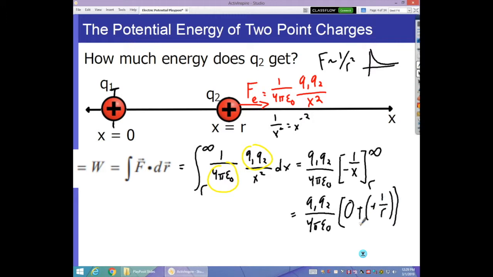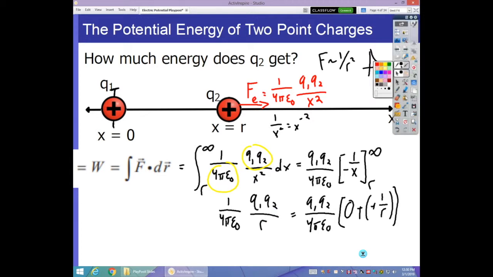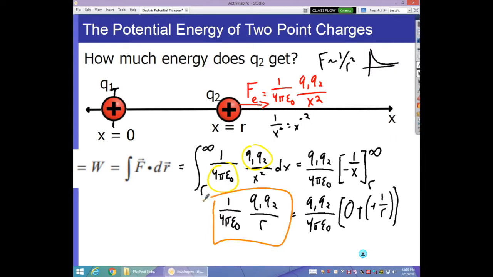And what I get in the end is that the energy associated with this configuration is 1 over 4 pi epsilon naught q1, q2, just over r, not over r squared, just over r. And this might seem familiar to you. This is going to look an awful lot like gravity, right?